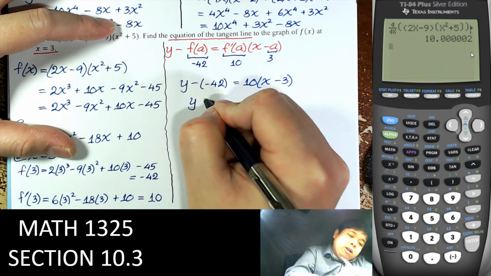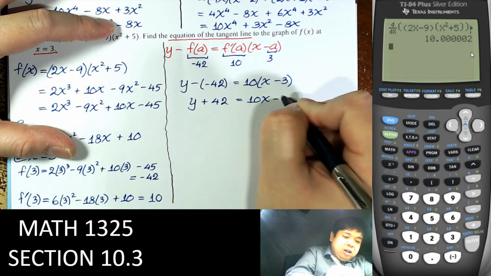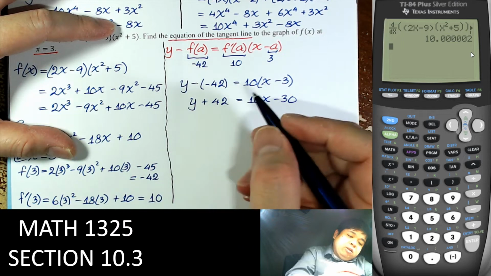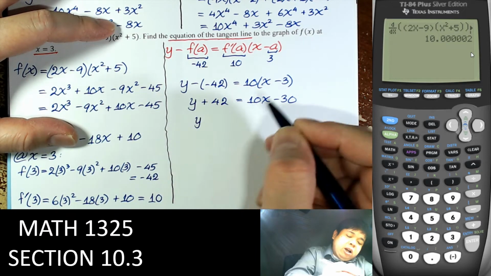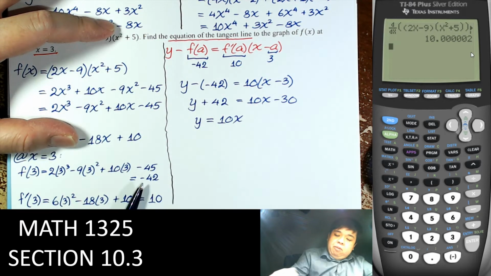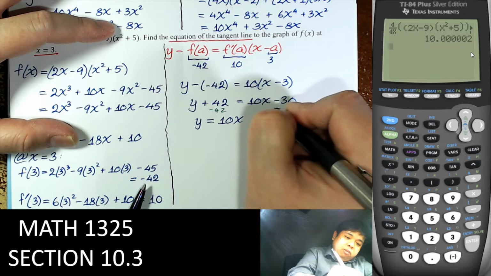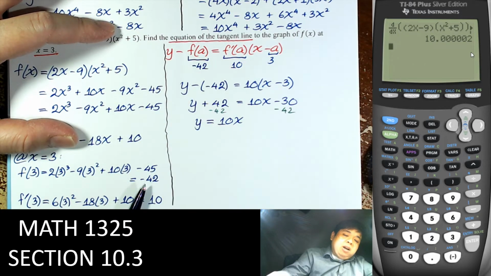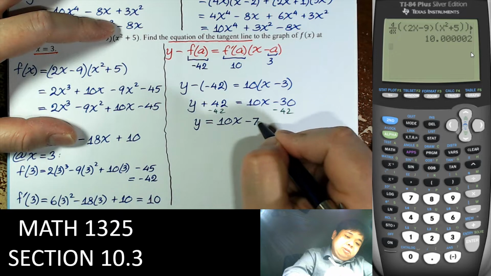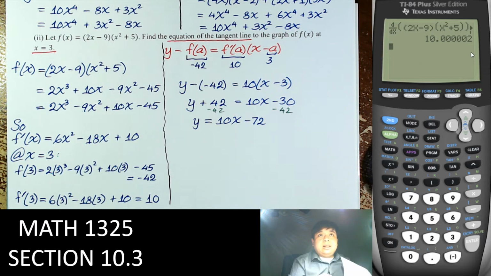So y plus 42 equal to 10x minus 30, and move the 42 to the other side, y equals 10x minus 72. Right, so that's what we have. The equation of the tangent line is that.